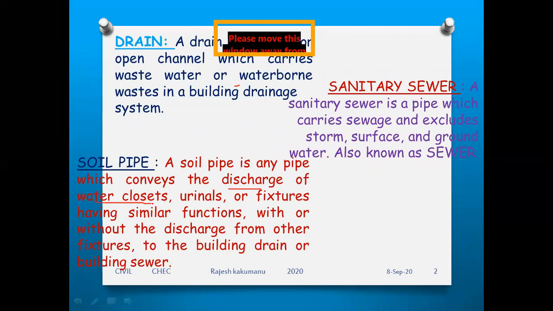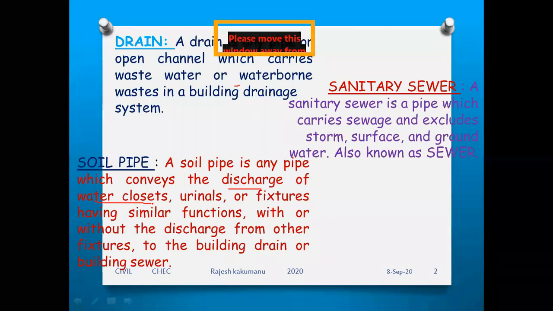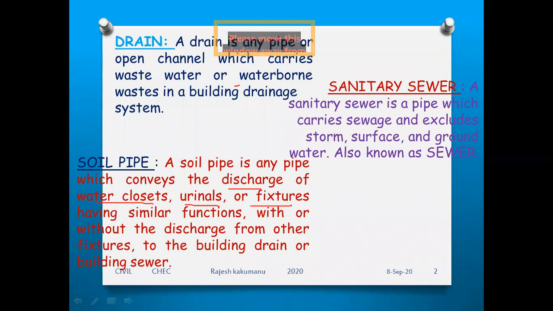Water closet is nothing but a commode, urinals, fixtures having similar function with or without discharge from other fixtures to the building drainage or a building sewer. The soil pipe is simply the waste coming from the commode, the waste coming from the urinals.